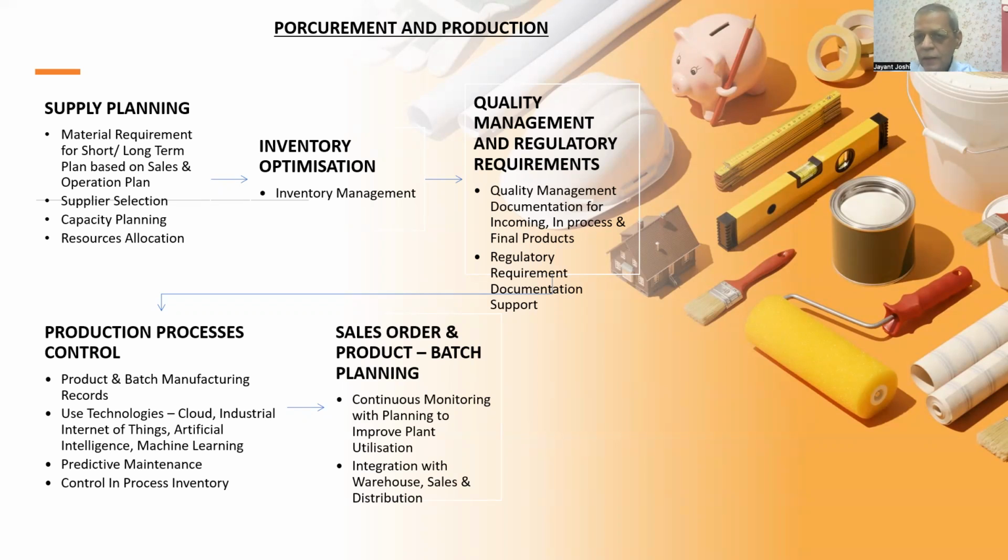The documentation required is also very important. The traceability of your product is very important. So you have to give importance to quality. Once you are assured that the material procured is as per the quality requirements, then we go to the next step of manufacturing.